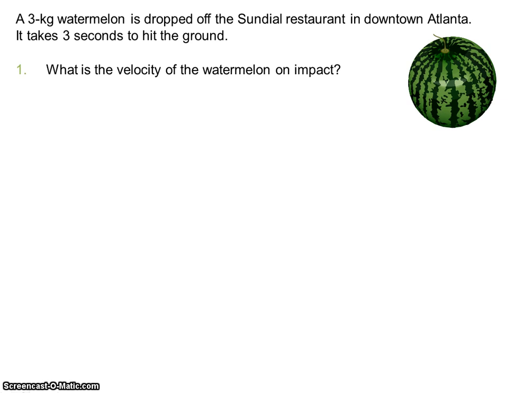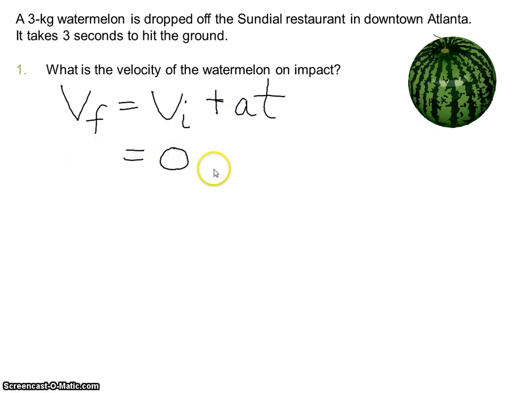So we have the watermelon, and we want to know what its velocity is when it hits the ground. So let's go back to that first formula. VF is equal to the initial velocity plus the acceleration times the time. Well, the initial velocity of that watermelon is 0.